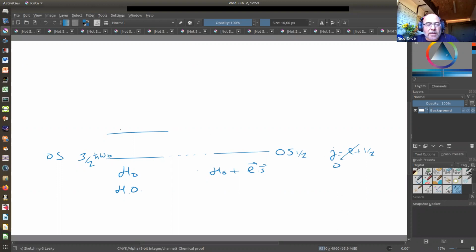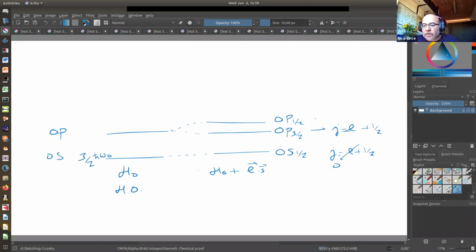So the next one was the 0p. And we have seen that there's a little change in energy. And we see that the higher J comes down in energy. The first one corresponds to J equal L plus 1/2.